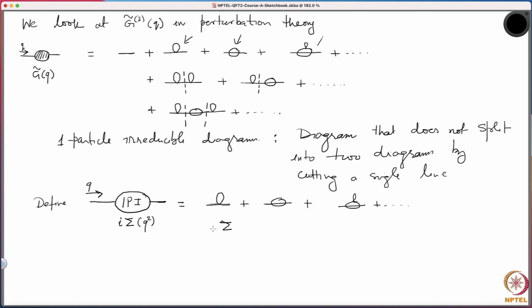So sigma of q square is a function of q square, m square and lambda, right? Because these are the parameters, m square and lambda are the parameters that enter into your calculations. So of course it is going to depend on all of these, but I am going to suppress m square and lambda and just write q square, only q square.